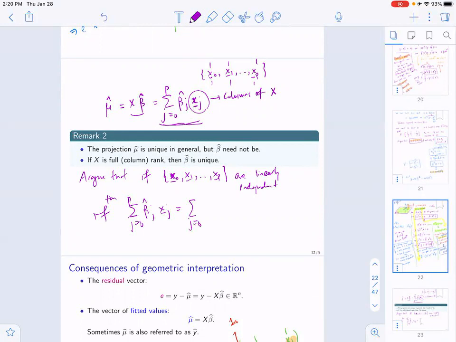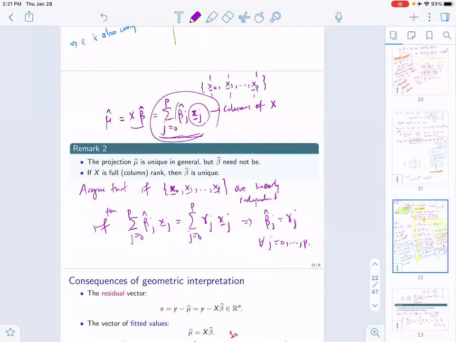If I have this linear combination for mu hat, and it turns out to be equal to, let's say, the sum of gamma j xj, then it follows that beta j is equal to gamma j for all j. This we can show from linear independence. And the other way is also true. If they're linearly dependent, then there is another gamma j such that this holds, and so you don't have a unique representation of mu hat as a linear combination of the columns. Different things could go here and give you the same mu hat.